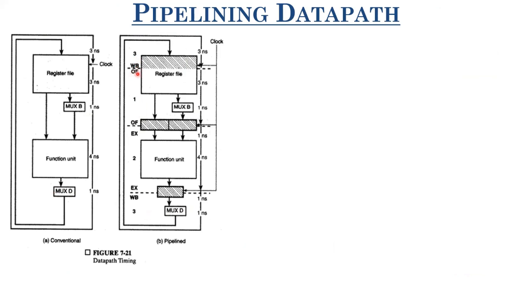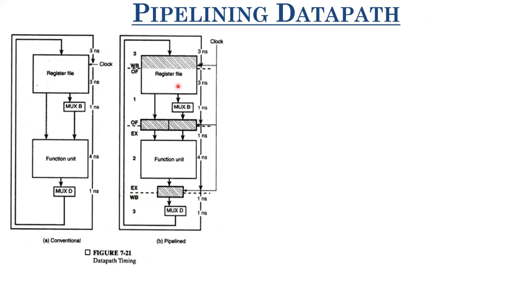First you fetch operands from memory or from some external input and store them in the register. Then you execute it. This is the combinational block. You perform the particular operation that is intended, and then you write it back to memory, or reuse it in the register. It depends upon the application, but in general you write it back to a memory location.